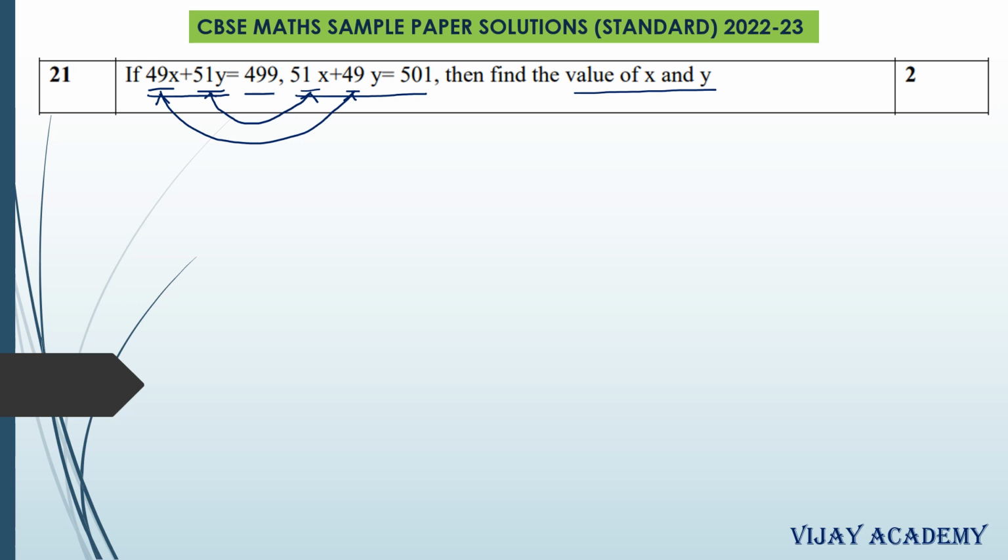You will get two more equations with the numerical coefficients of x and y as 1 each. With the help of them you can find the values of x and y. So let us see that now.